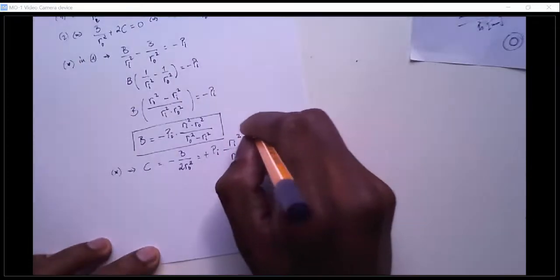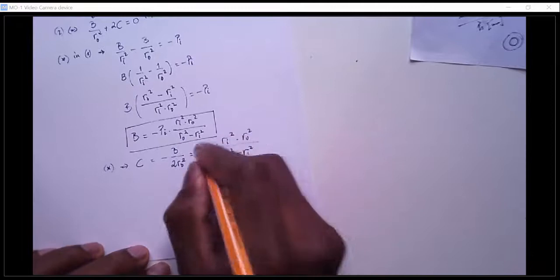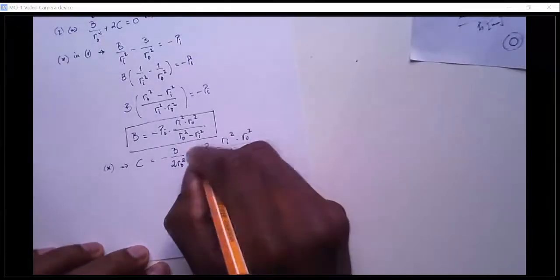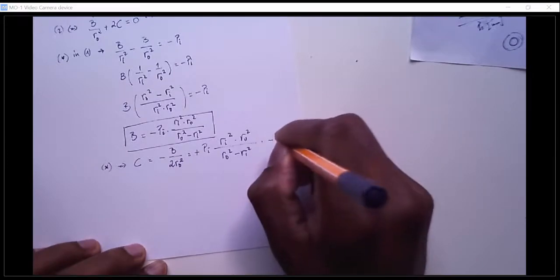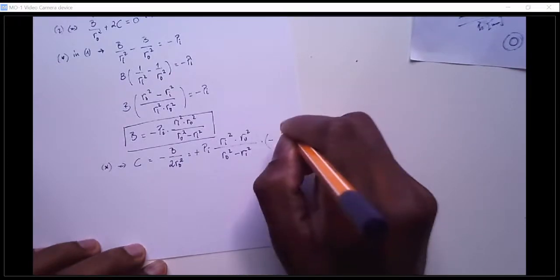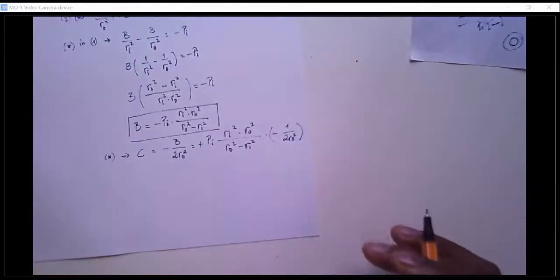I'm gonna write times ro squared first. This is basically minus b, then times minus 1 divided by 2 ro squared. Okay.